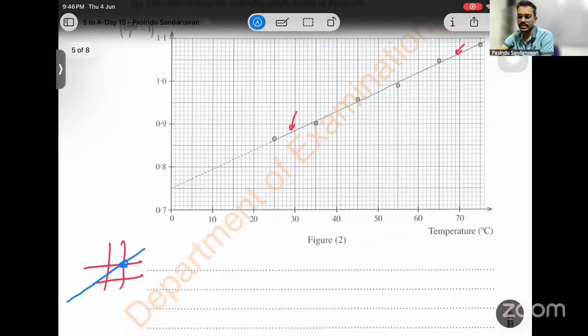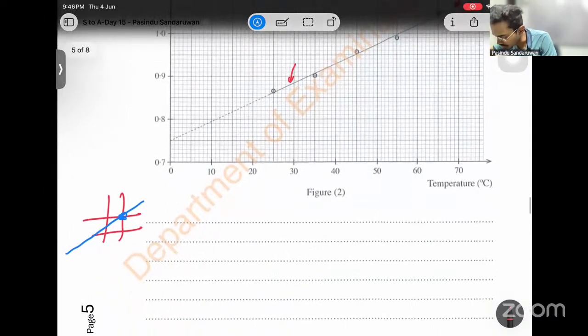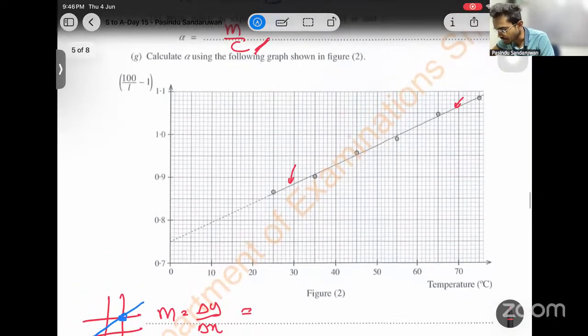We need the gradient. Calculate alpha using the graph shown. So let's find the gradient. Gradient is delta y over delta x. First check the coordinates; we have to find the coordinates, there is nothing to calculate without them. Now this goes 10 by 10, 10, 20, again 10 by 10.